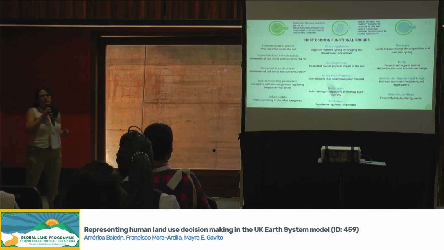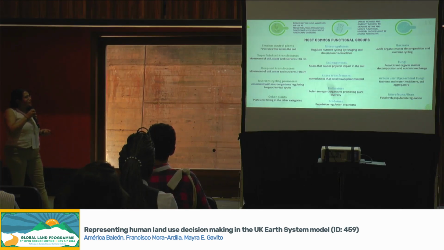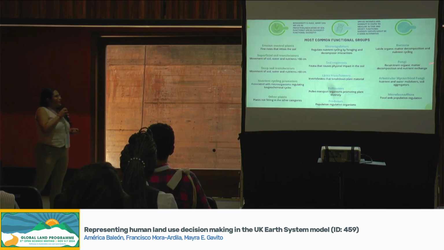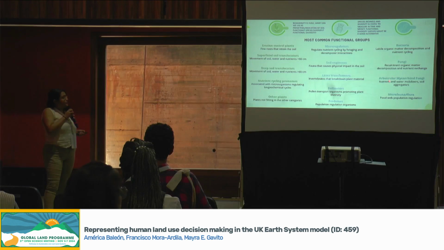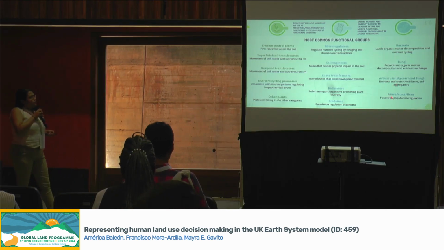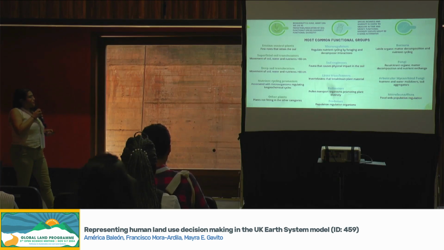Fungi have the metabolic ability to decompose very recalcitrant organic matter. On the other hand, there are specialized fungi that make interactions with plants that can be very important in the nutrient exchange. And there are also fauna that can regulate populations.